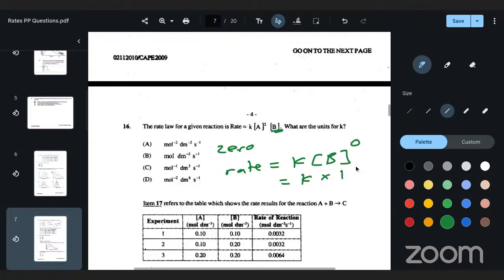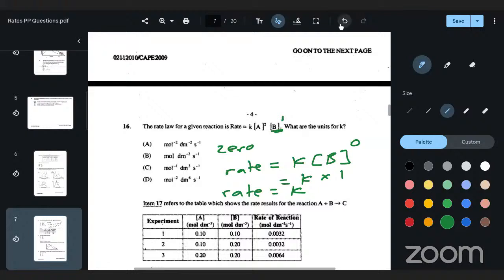So if it's zero order, we just don't put anything except K. For zero order, rate is equal to K. Now for first order, as I told you, you could put the 1, but you don't have to. So when I say rate equals K[A]^2[B], B is first order. The only one you must put the number for is when it's second order. Does that clear it up? Yes, sir. Thank you. You're welcome.